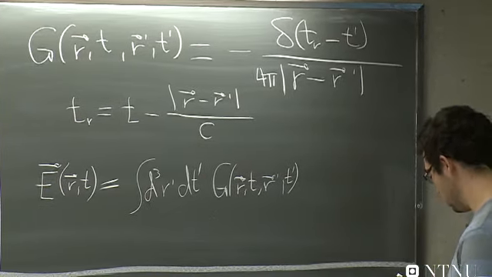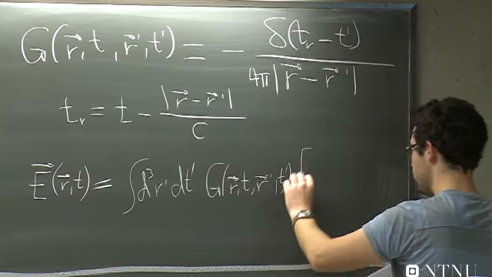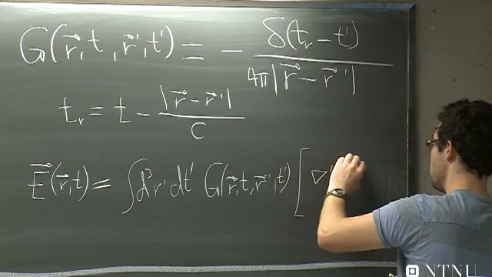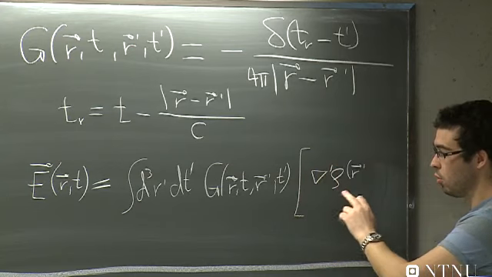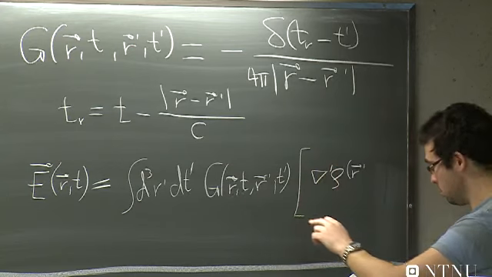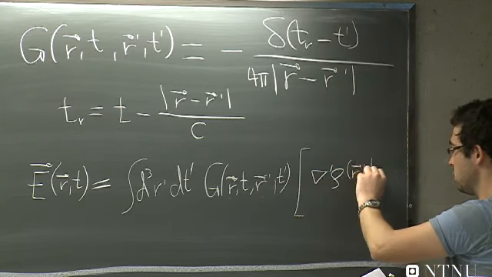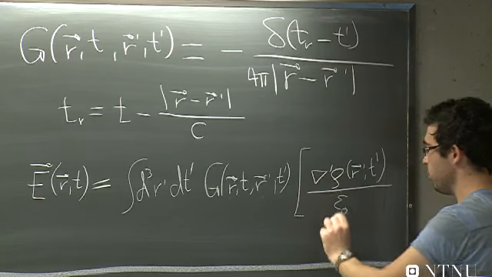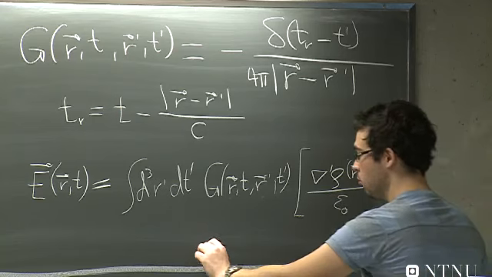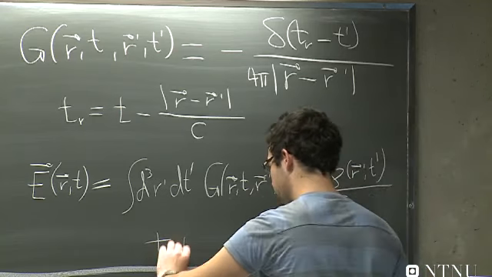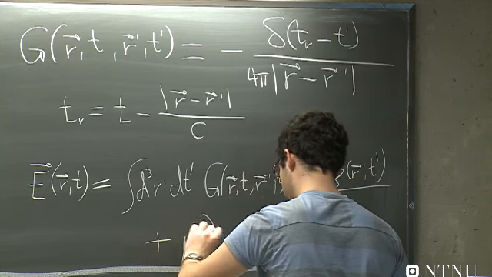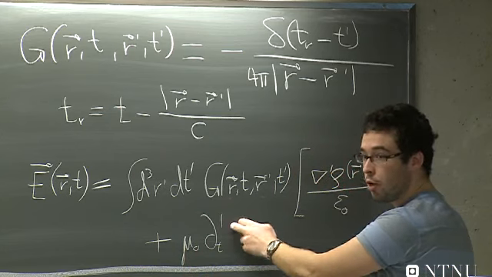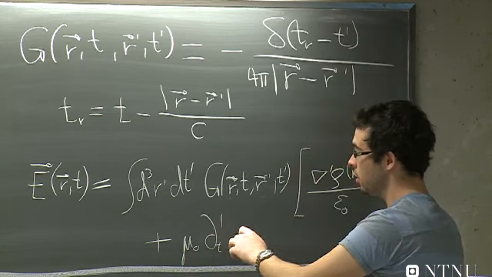So I have the gradient of the primed coordinate system, and now I'll be careful because we have both unprimed and primed coordinate systems, and the time prime over epsilon naught, that's just a constant, plus the current term, which is simply the time derivative, again with respect to the primed coordinate system, because it's inside.